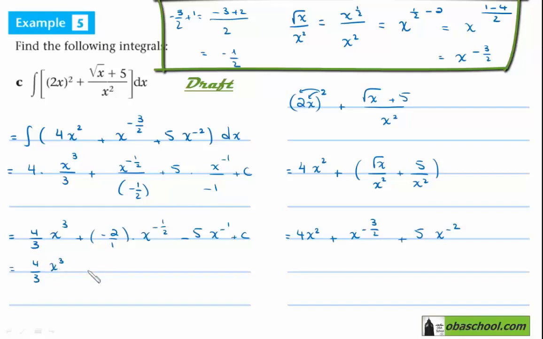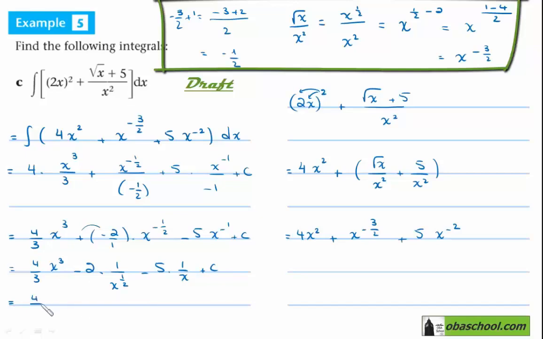Let's rearrange it, or write it in another way. So it's 4 over 3 x cubed, minus 2 multiplied by x to the power minus half. x to the power minus half is the same as 1 over x to the power half. Minus 5 multiplied by x to the power minus 1, which is the same as 1 over x, plus the constant c.